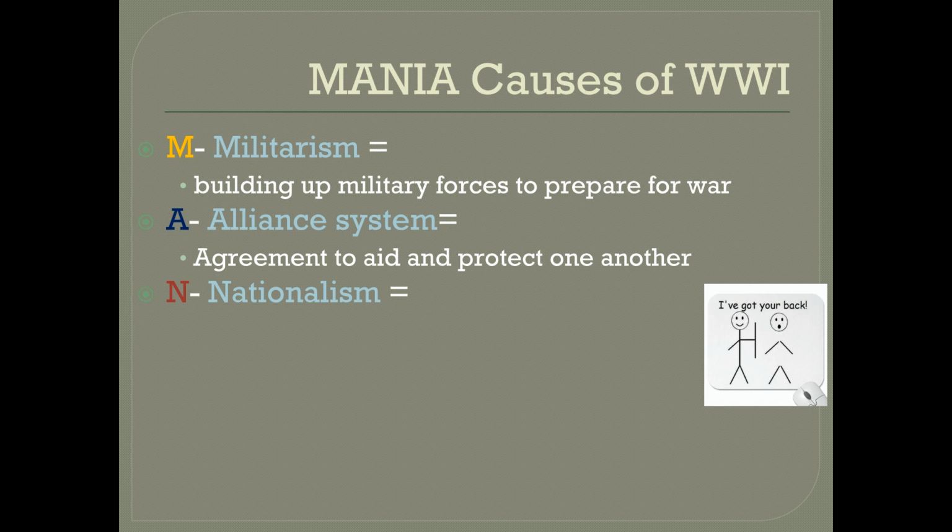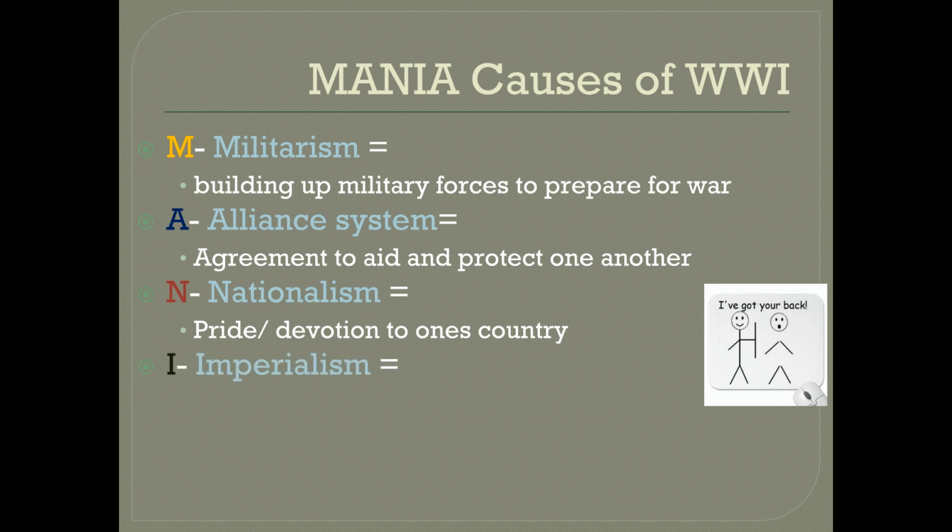Nationalism had begun to rise in a lot of these countries, especially in Europe. These countries wanted to be their own country. They didn't want to be controlled by these huge empires by this point. And that is going to be a key contributing factor. Again, nationalism, pride, and devotion to one's country.